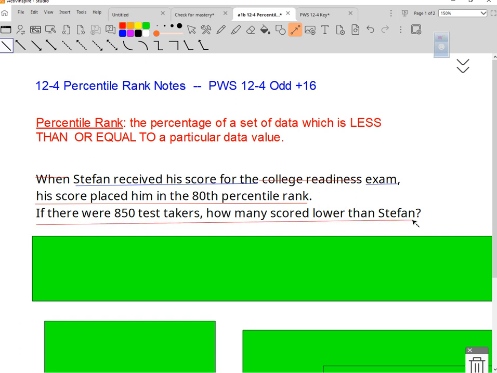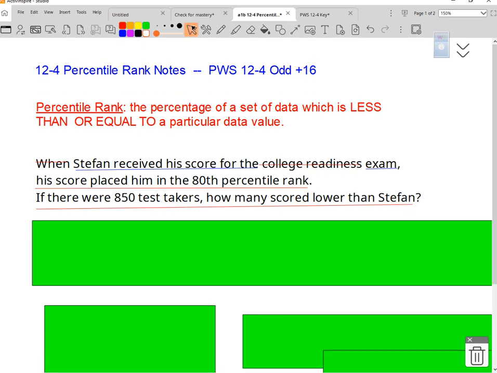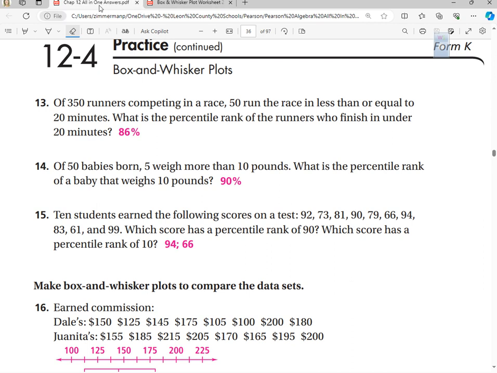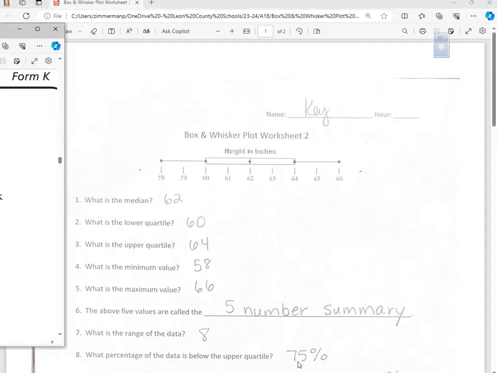Now we're going to do, if there were 850 test takers, how many scored lower than Stefan?